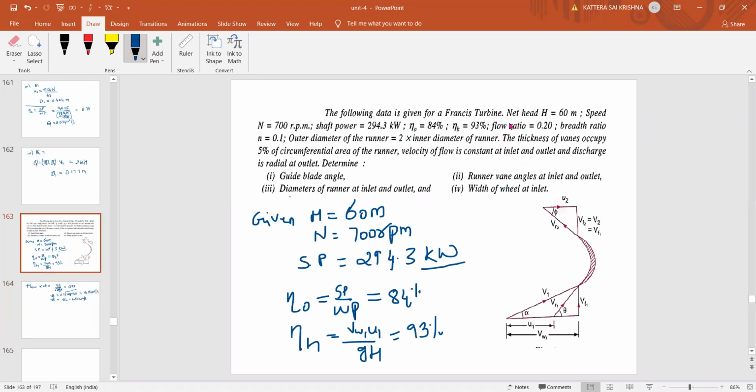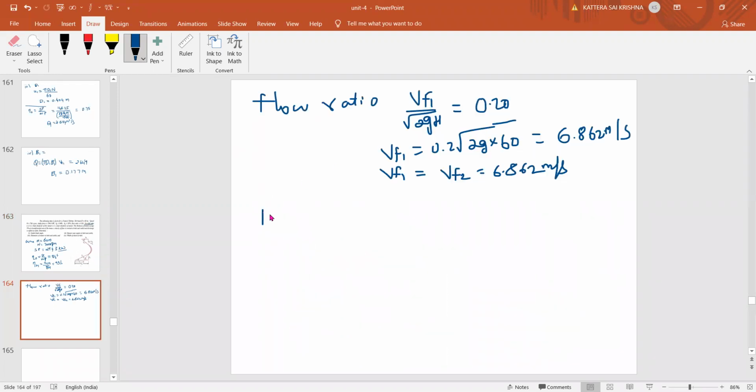Next, he has given breadth ratio. See here, the word breadth ratio, n equal to 0.1. So I'm writing here breadth ratio, small n is nothing but capital B, breadth by dia, equal to 0.1. So let us take it at inlet, B1 by D1.